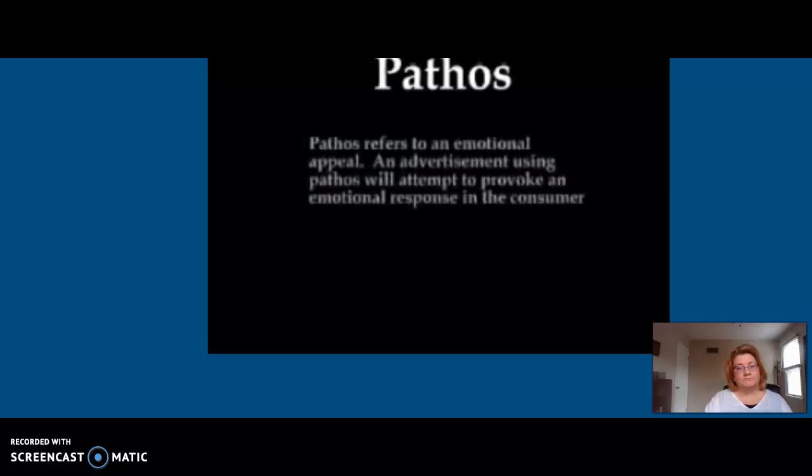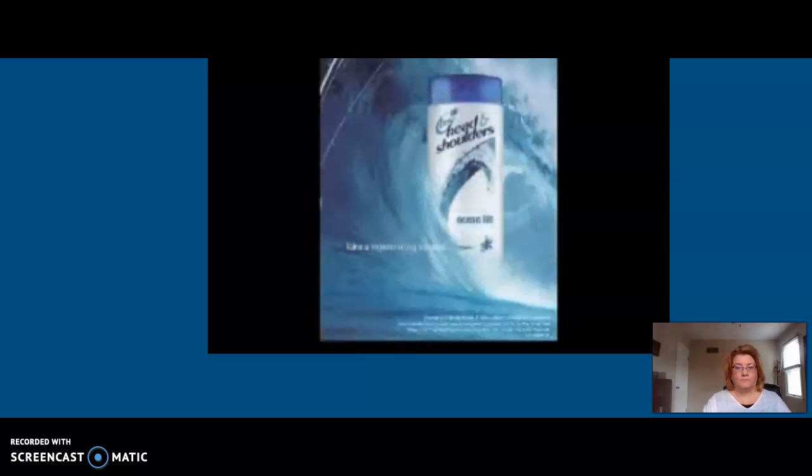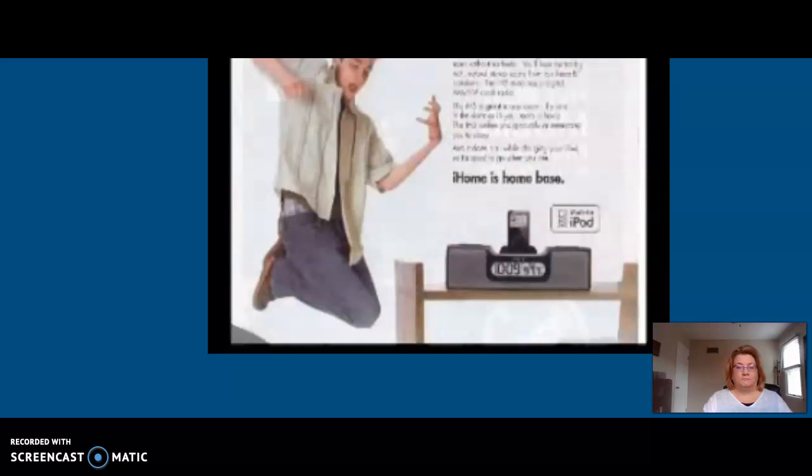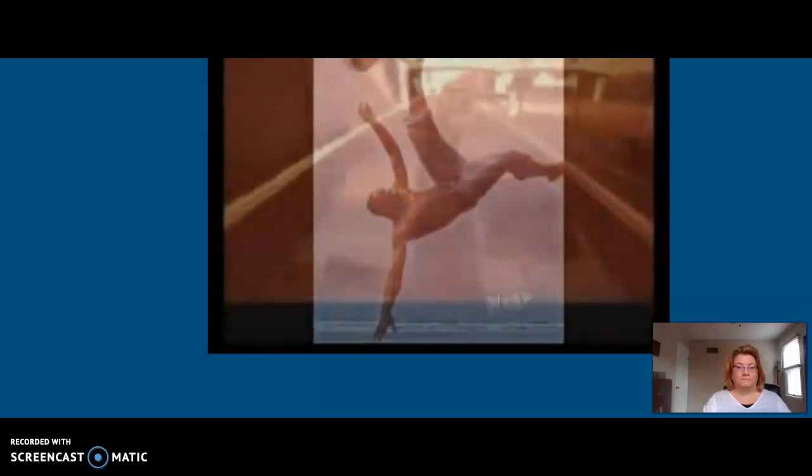The technique we'll look at is pathos. Pathos refers to an emotional appeal. An advertisement using pathos will attempt to provoke an emotional response from the consumer. Often, it's a positive emotion such as excitement. Snickers, Head and Shoulders, a product called iHome, and even milk can add excitement to your life.